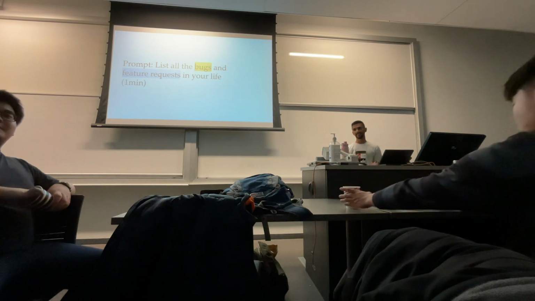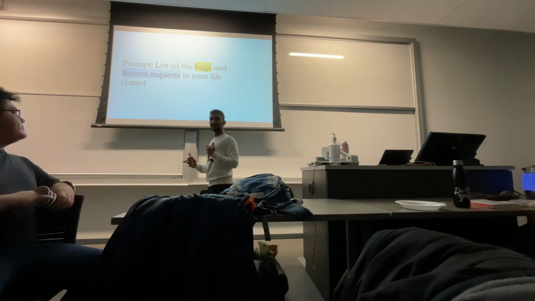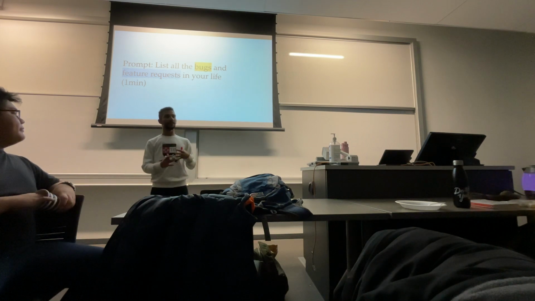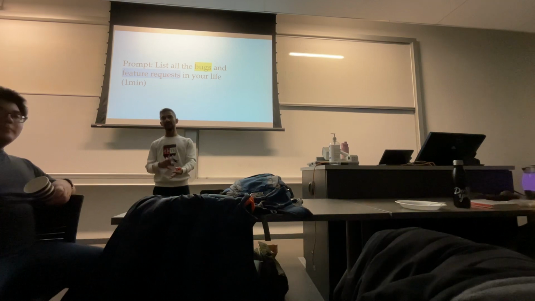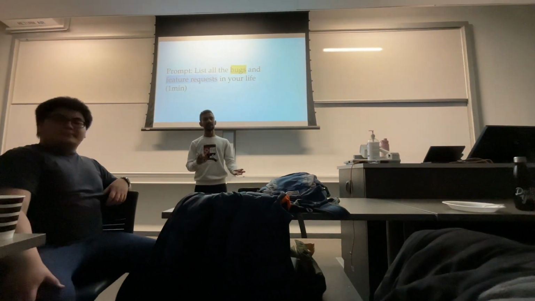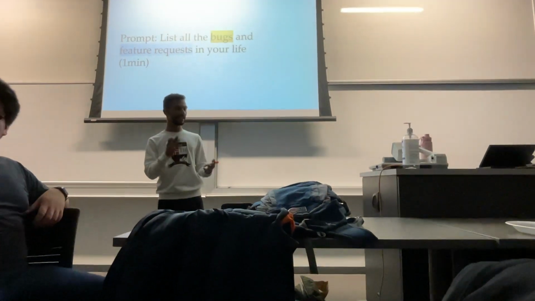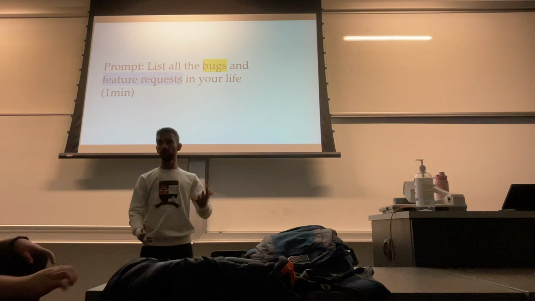Bugs and feature requests. A lot of rationality is about taking ideas from other disciplines and using them to understand the human brain. In some sense, it's like applied psychology or applied CogSci, where you think about the brain as something that you can interact with and use to your benefit.